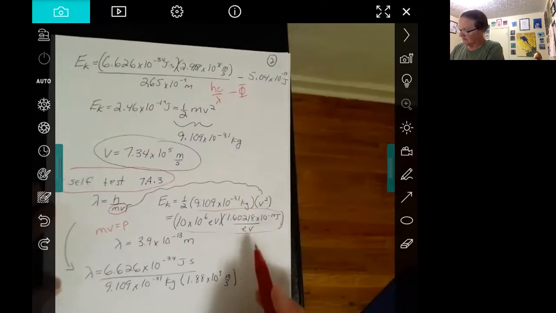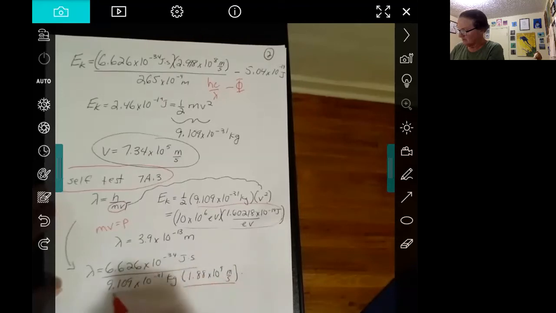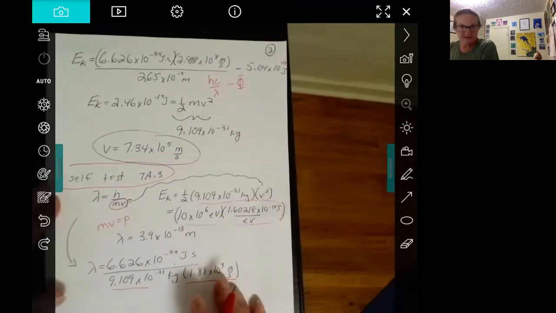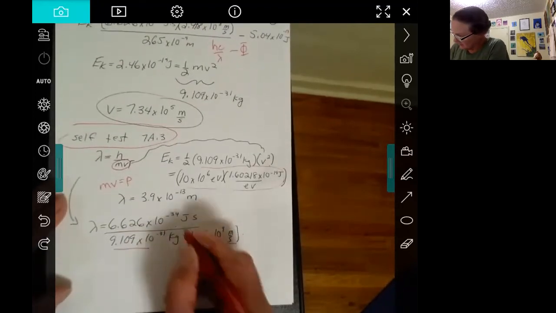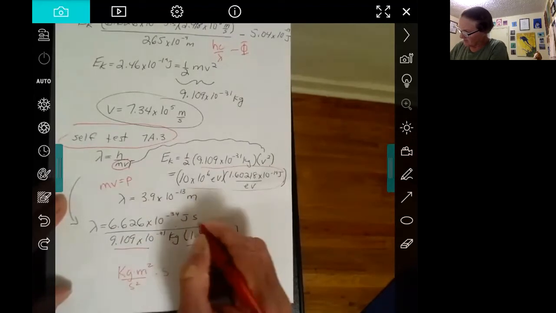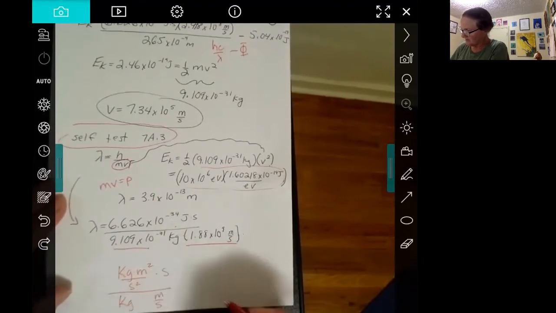So the velocity I got is 1.88 times 10 to the 9th meters per second. Here's the mass of an electron. Here's Planck's constant. If you look at all of these units, let's just confirm that a joule, which is a kilogram meter squared per second squared, times a second, the units of Planck's constant, over kilograms times meters per second.